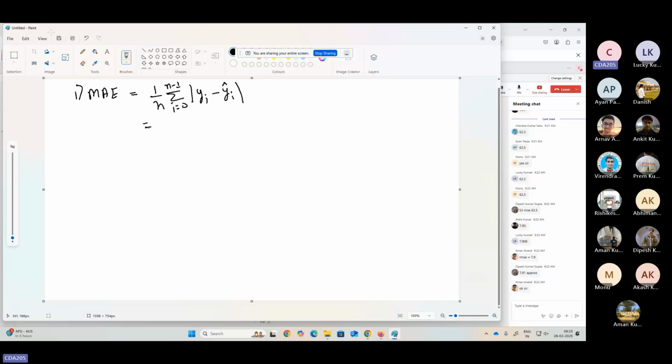So we have taken the two values. So we have 1 by 2 into 80 minus 75 plus 75 minus 85. So we are getting 15 by 2. So we get 7.5.